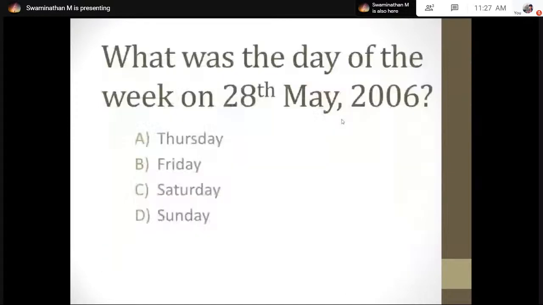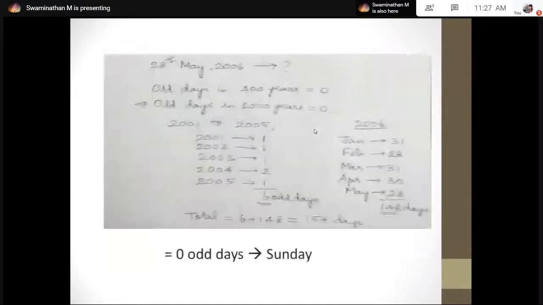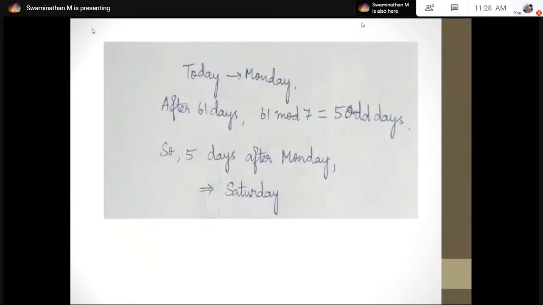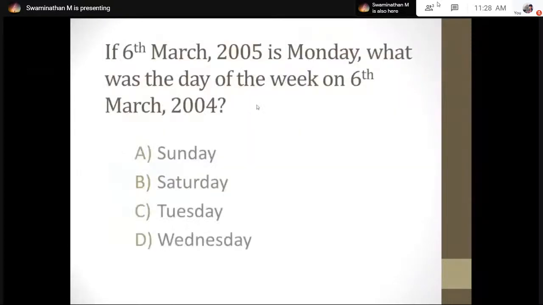Other type is where a date is given, you have to find the day. That is, you have to calculate the odd days from the beginning. And the other one is very simple: a day is given, what it will be after n days. And this one I have told.